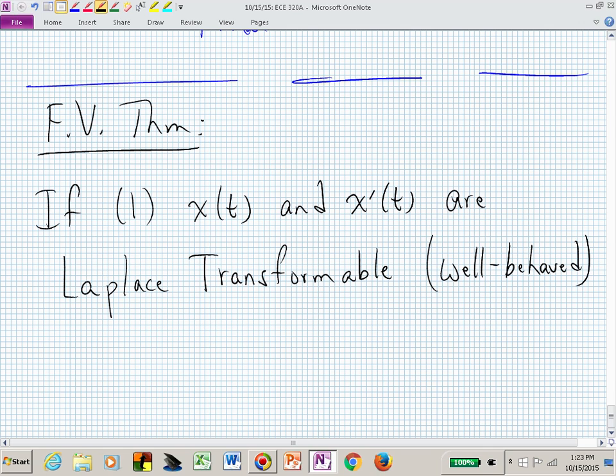So this one we usually just assume that x and x prime are Laplace transformable. Now I need more space. Let me just say and.